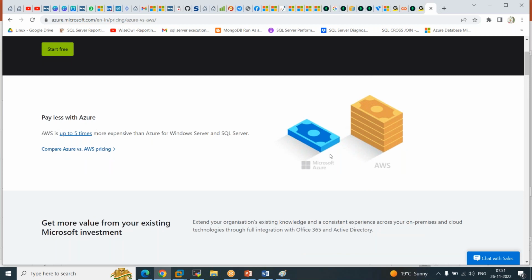5 times. Understand? If you are going with Windows Server, the same Windows Server that you spin up in AWS, you're going to pay 5 times higher than Azure. So why would someone need to go to AWS? They'll come to Azure only.